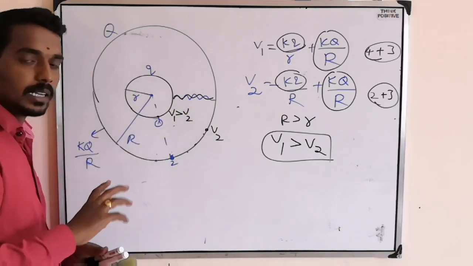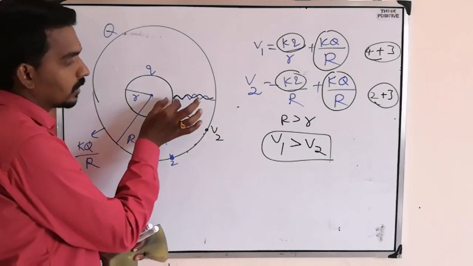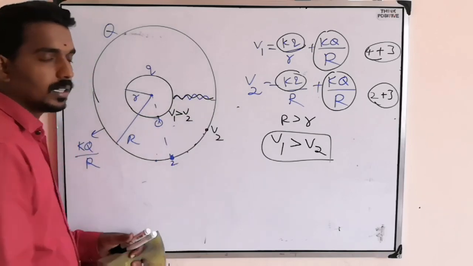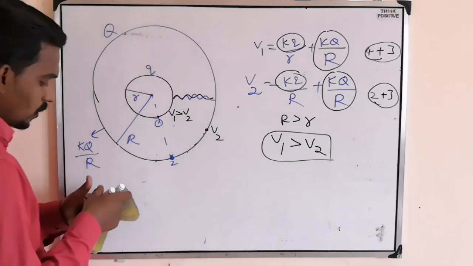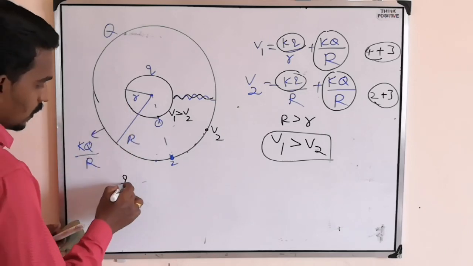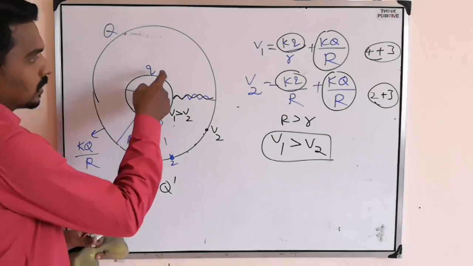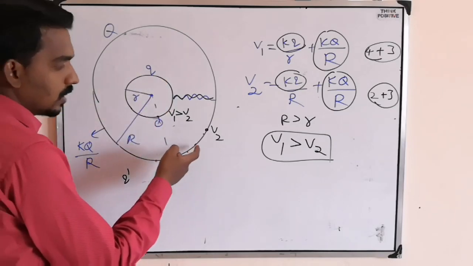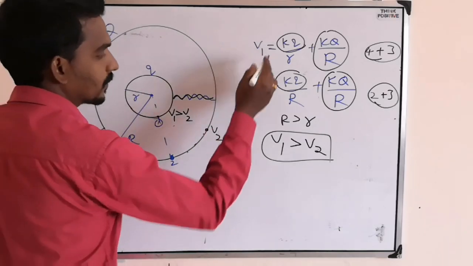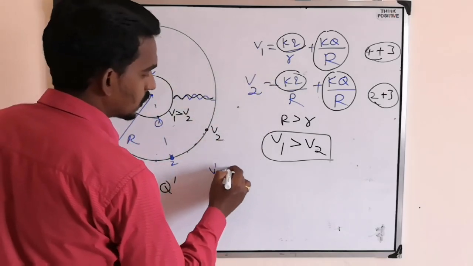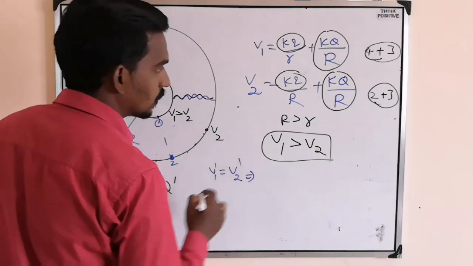So this way. Now finally what happens? The charge redistribution happens such that the potential on this and the potential on this must be the same. Let's take the new charges as q dash and capital Q dash. Charge on this one is small q dash, charge on this one is capital Q dash. Then V1 dash must be equal to V2 dash. Then what will the equation become?